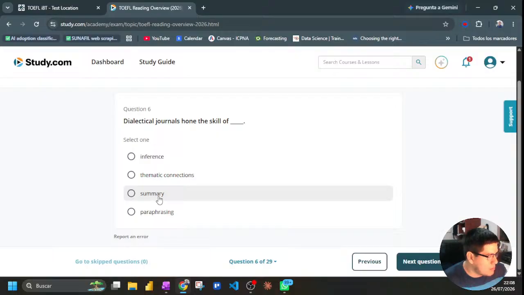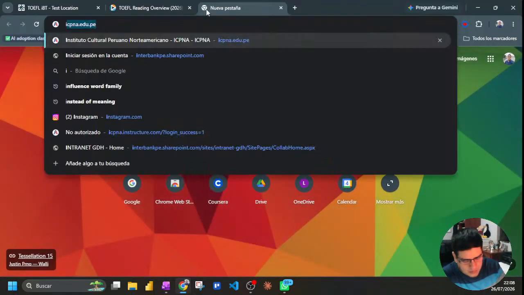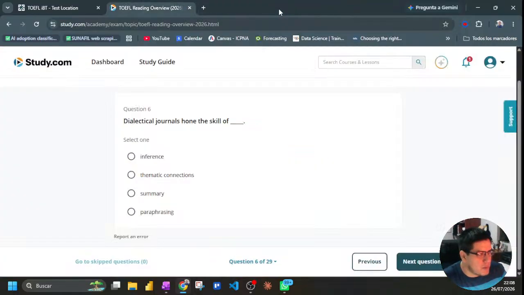Summary, the last part is summary. Dialectical journal, I don't remember, but maybe thematic connections. I think maybe indeed or summary.